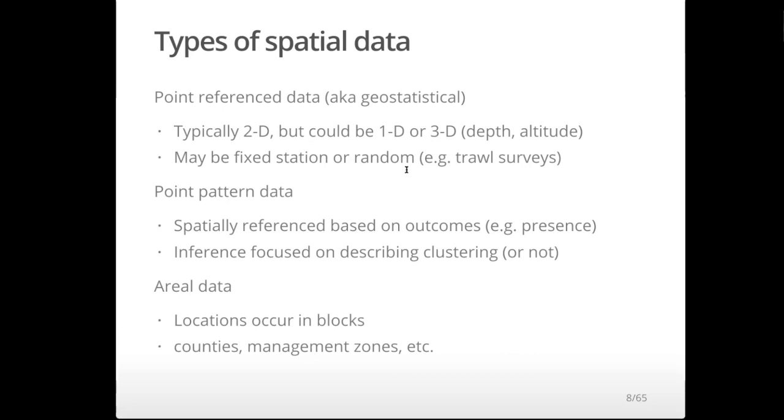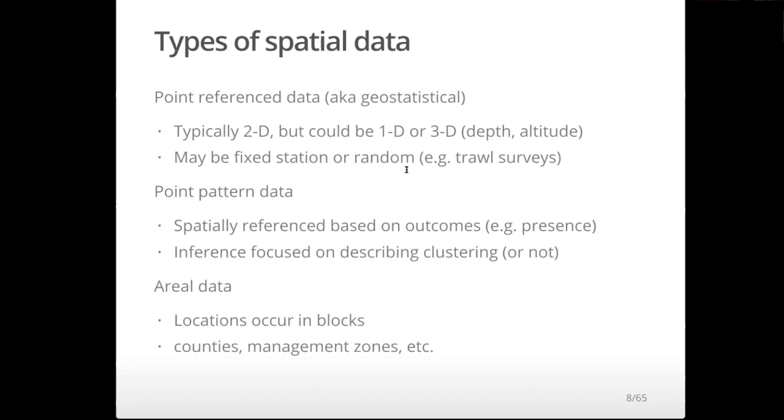We could visit the same stations repeatedly, or we could not. It doesn't really matter. But that kind of data is geostatistical data, where we have a series of observations and a series of coordinates that are accompanying those observed values.